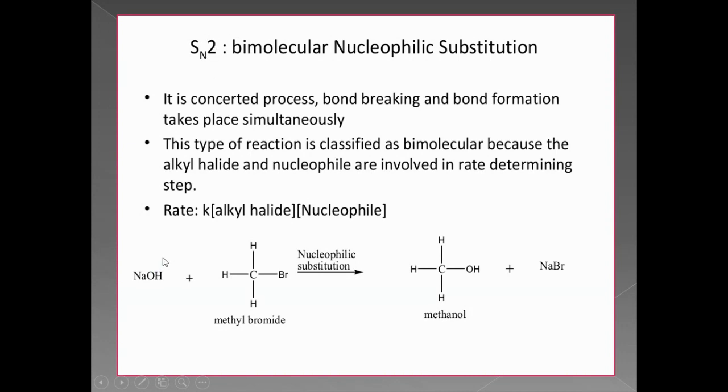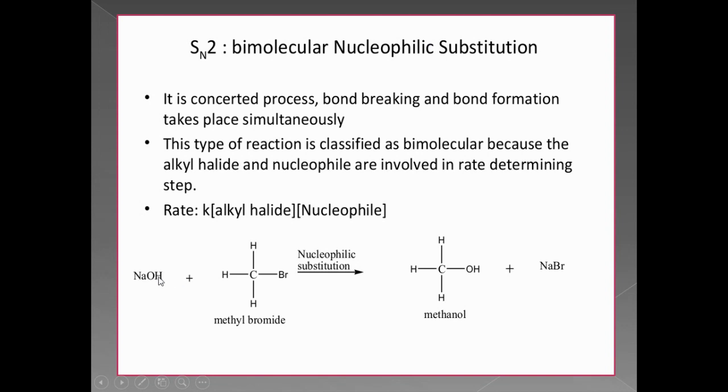Because the rate of reaction depends upon both molecules, the methyl bromide and the NaOH nucleophile. On both these molecules the rate of reaction depends, so this is a substitution nucleophilic bimolecular reaction. We can call the name of this reaction this way.